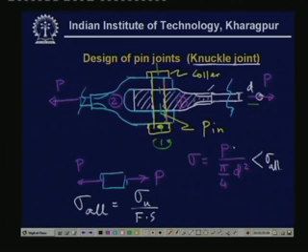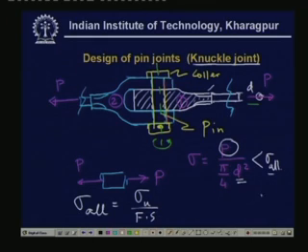Now in this formula, what do we know? We know this P, and we know the sigma allowable. From this we find out the smallest D required. Sometimes in the design procedure, here of course it is not so, we have already designed the value of D. We have found the value of D, and we know this P, so we want to check for safety.